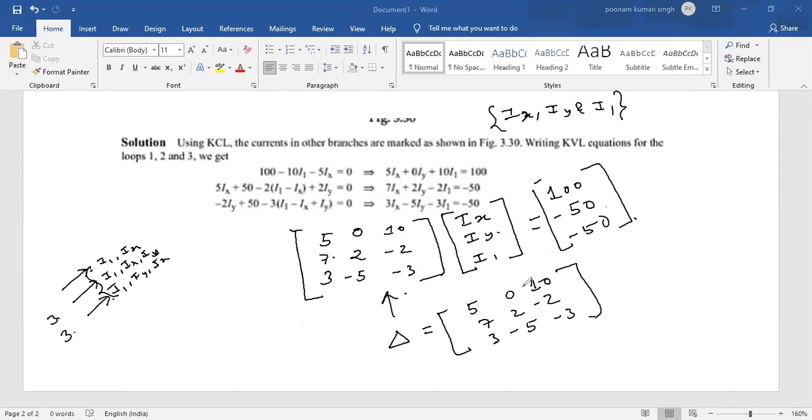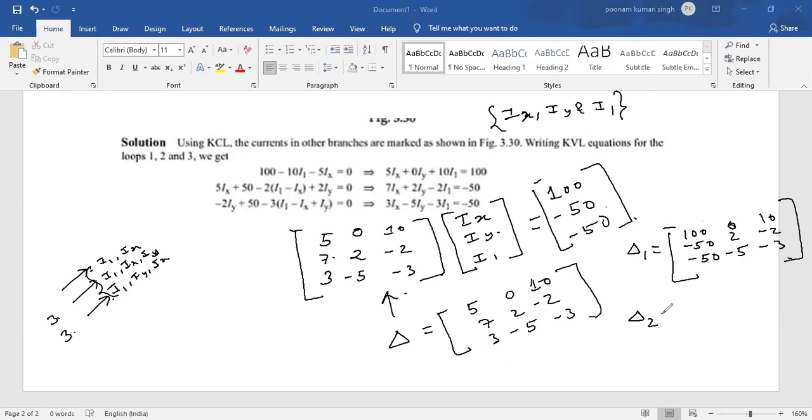If this is delta, my delta 1 is nothing but you replace the first row with this right hand side, with this constant value. So it will be 100, minus 50, minus 50, 0, 2, minus 5, and 10, minus 2, minus 6. I'm sorry I used the word row. You have to replace the first column with this constant.